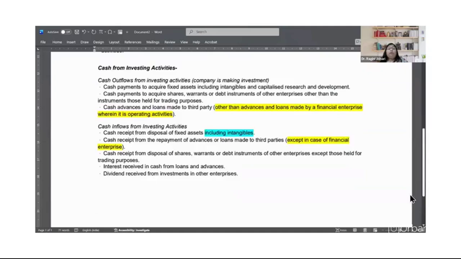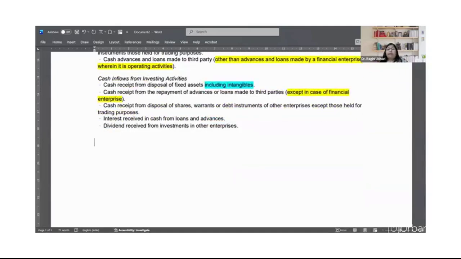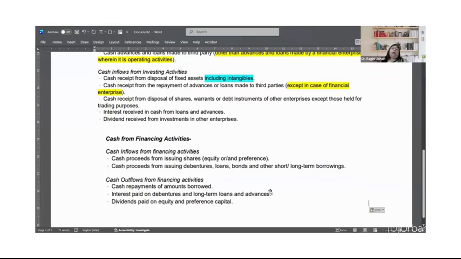Now let's move to the financing activities and understand the sources of cash inflow and outflow using the financing activity. From financing activity, the cash inflow generally happens by issuing shares in the market, that is when the company issues shares in the market in order to gather share capital.